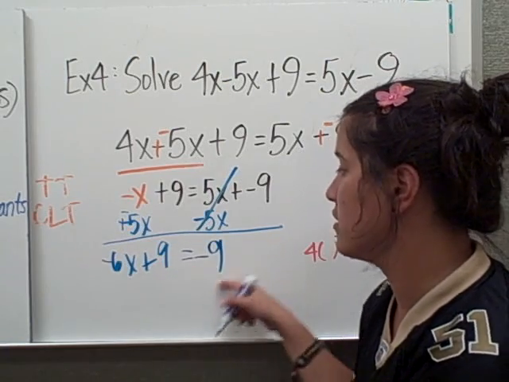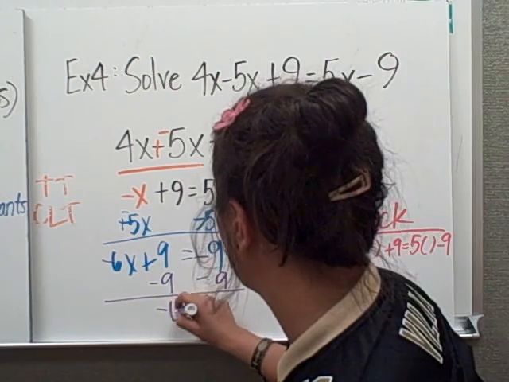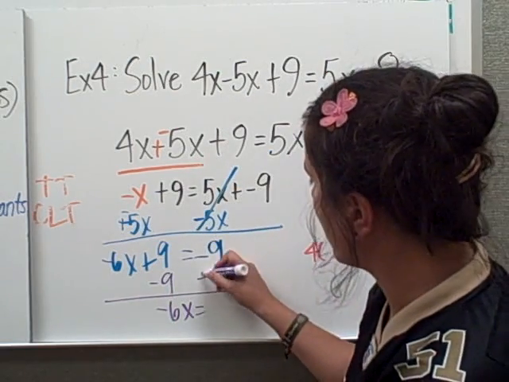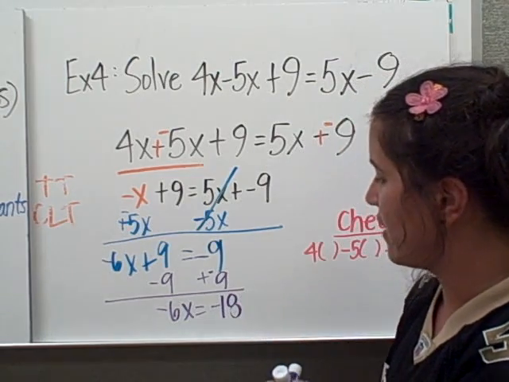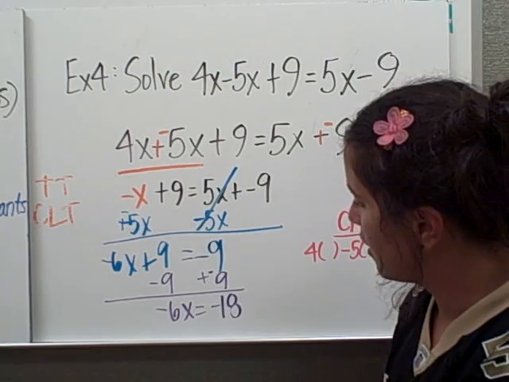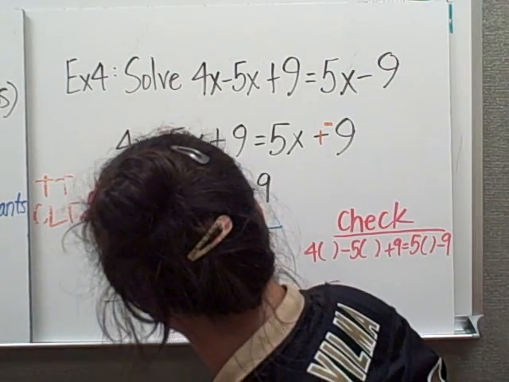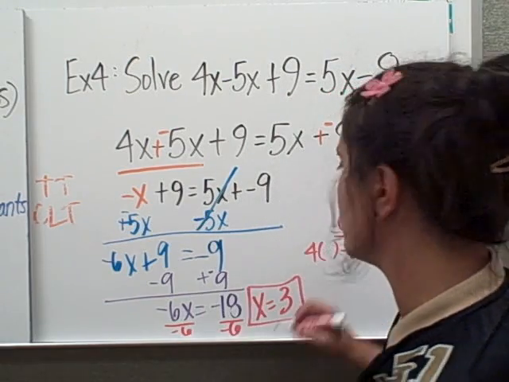So I'm going to subtract 9. -9 plus -9 is -18. And then lastly, I have -6x equals -18. So I'm going to divide both sides by -6. And it looks like x equals 3.